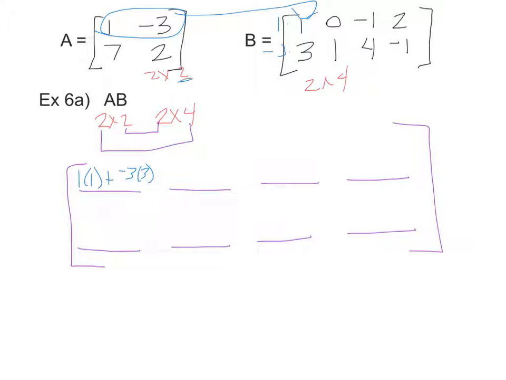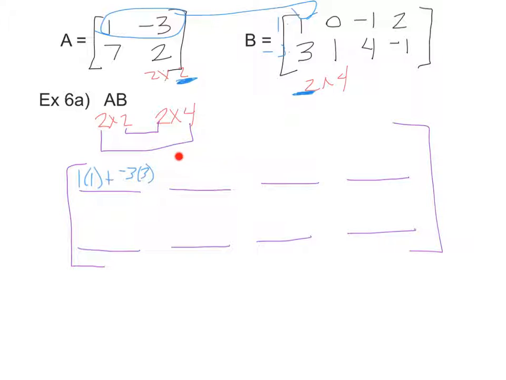That is why the columns of the left one have to match the rows of the right one, because then they match up. This 1 here matches up with the 1. The 3 matches up down here with the 3. So if you can get that in your mind, that over here on the left, you're going to take it, turn it on its side, and then those numbers match up, and you multiply those and add them together.